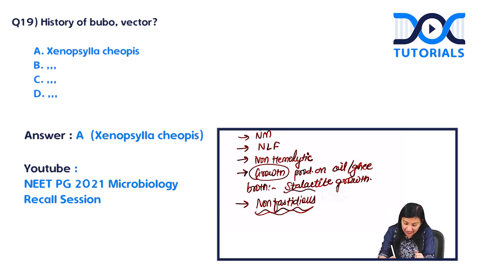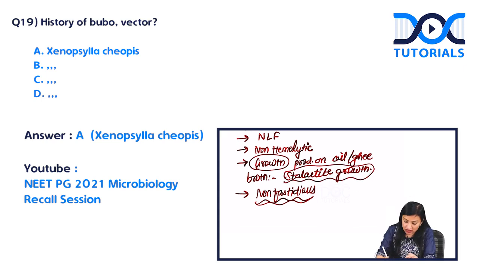In fact, for the stalactite growth I was referring to, we take nutrient broth only, but at the top of it we put a layer of oil or ghee, so it becomes oil or ghee broth. So let's say this is the oil or ghee layer, and this is the nutrient broth.